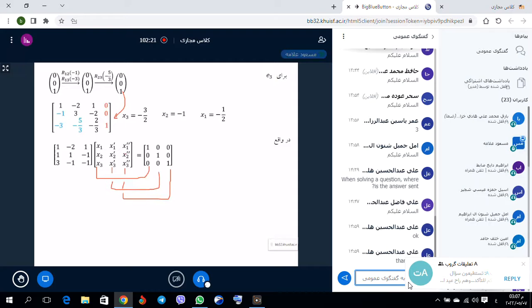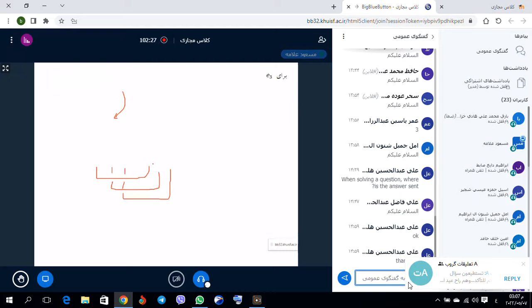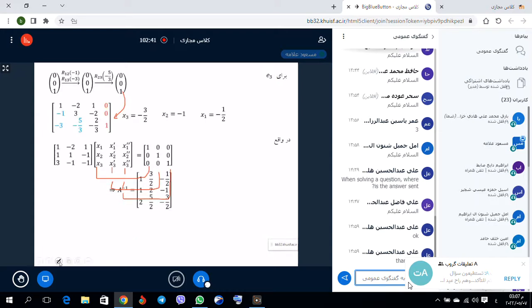If we solve this system, we find x: 1, 1, 2 for x, 3 divided by 2, 2, 5 divided by 2 for x prime, and minus 1 divided by 2, minus 1, minus 3 divided by 2 for x second.